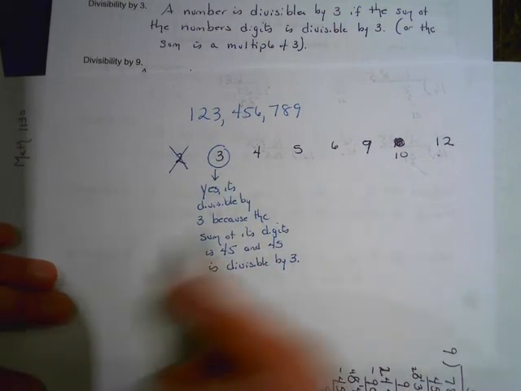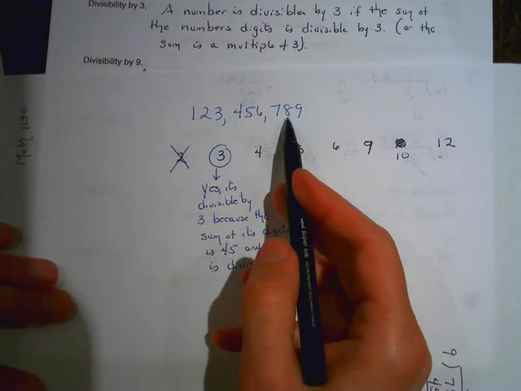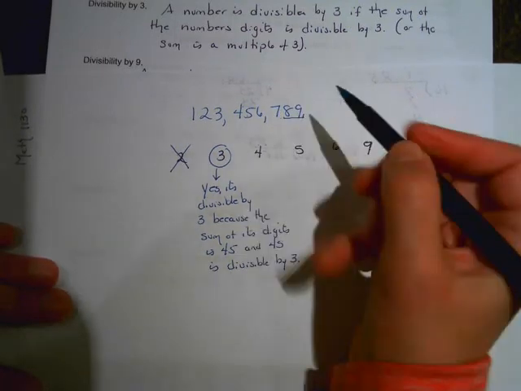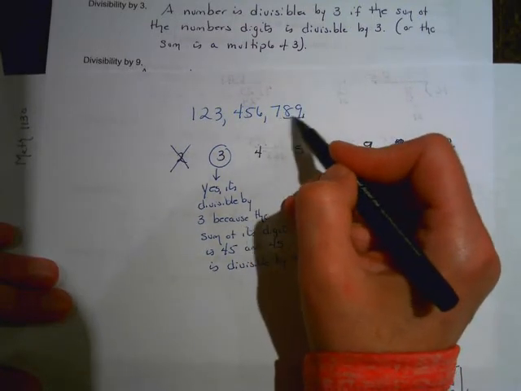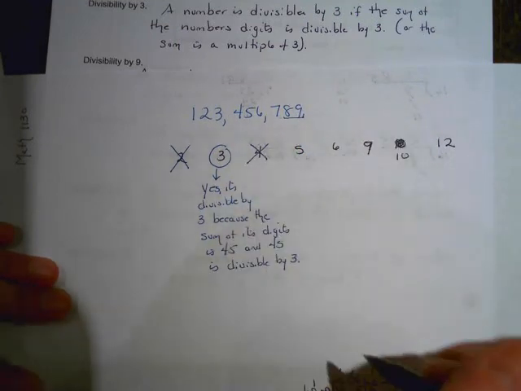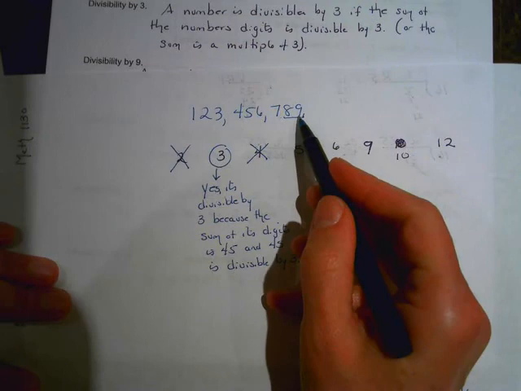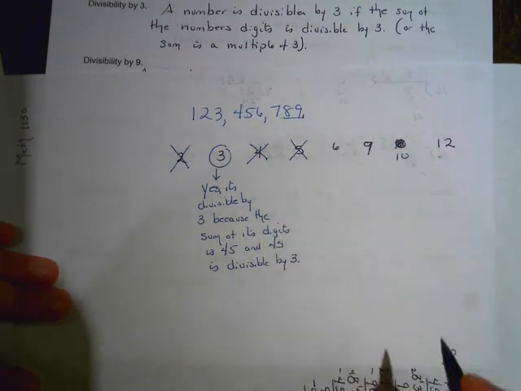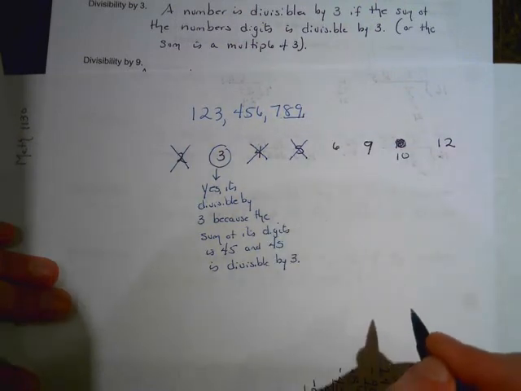All right, is it divisible by 4? No. First of all, it's not even, but the last 2 digits are not divisible by 4, right? It has to be even for it to be divisible by 4. It's not divisible by 5 because it doesn't end with a 0 or 5.